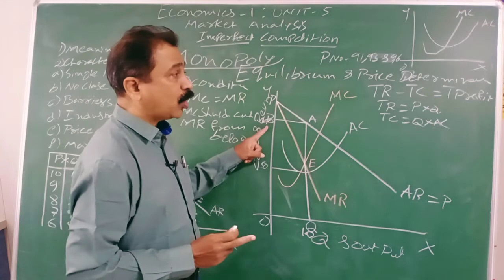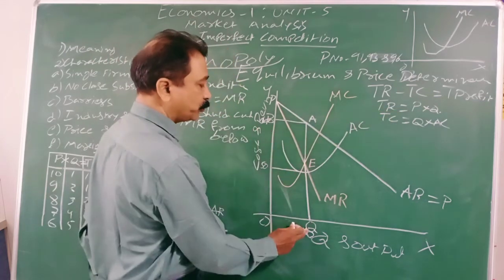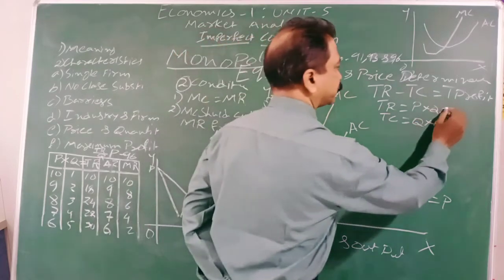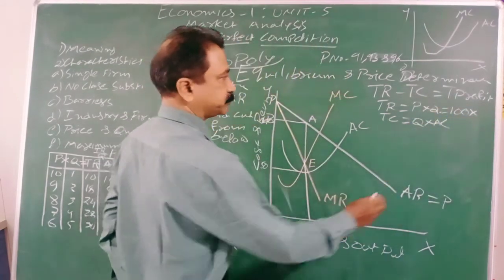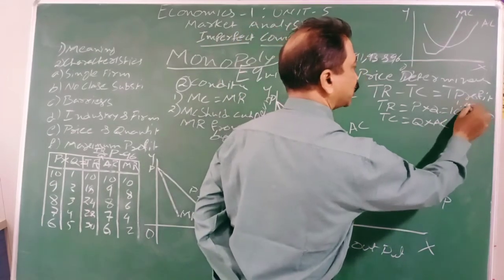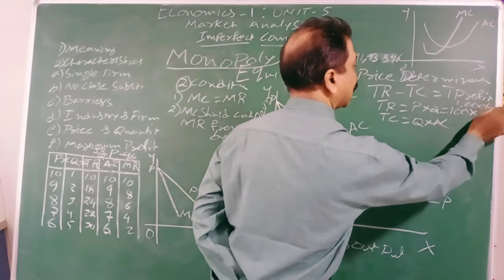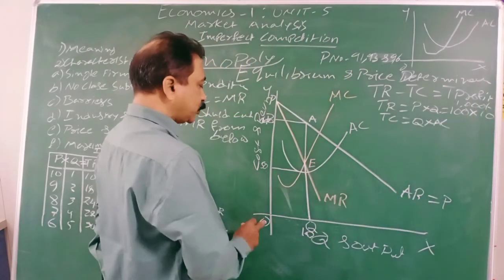Okay. Now, how do we get the total revenue? P into Q. What is the P? 100. What is the Q? 10. Then how much has been made? 1000 is the total revenue. Now let us see the total cost.